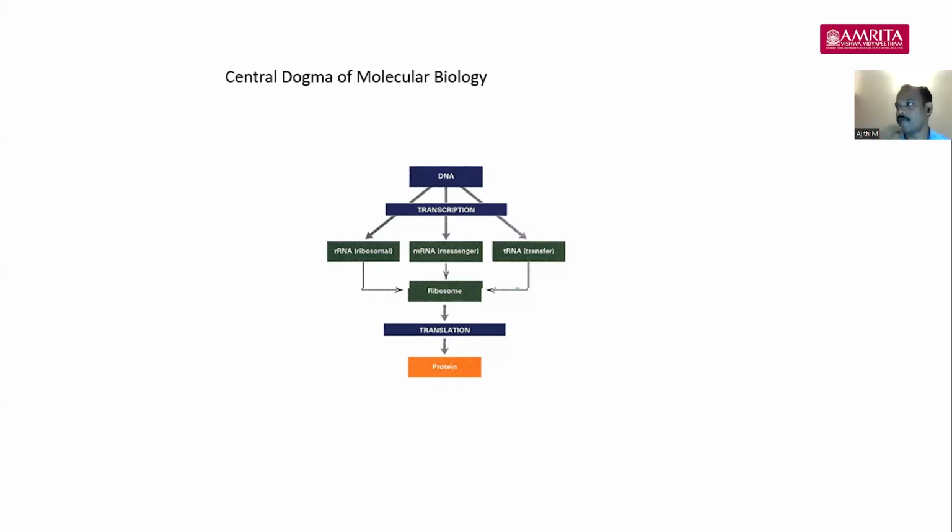Retroviruses do that. At least part of the life cycle has a flow of information from RNA to that of DNA. But that's not the point. The information flows from DNA to that of RNA to that of proteins. So the flow of information from DNA to RNA is called transcription. And the flow of information from RNA to protein is called translation.